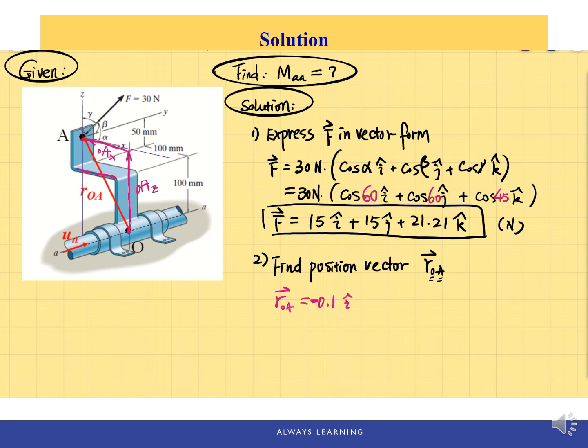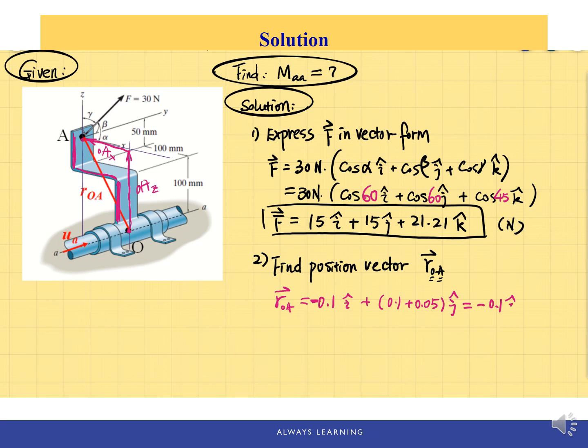And same idea for the OAZ, we need to add the two vertical parts together. One is this length, 100 millimeter, and another one is this part, which is 50 millimeter. So we'll have 0.1 plus 0.05, to express all the values in the unit of meter.